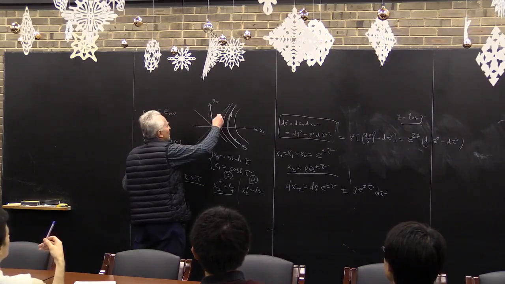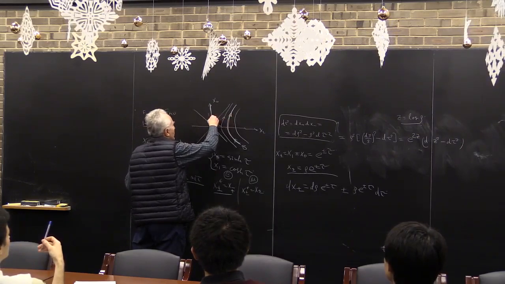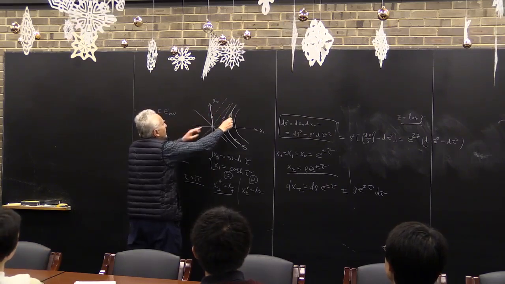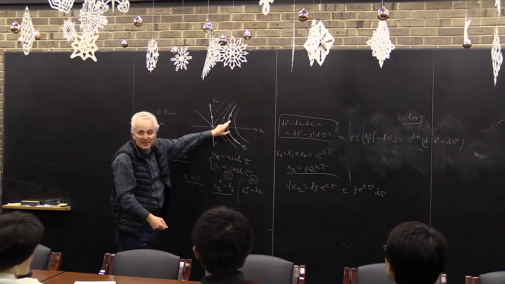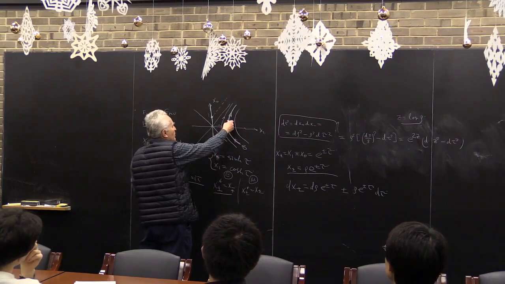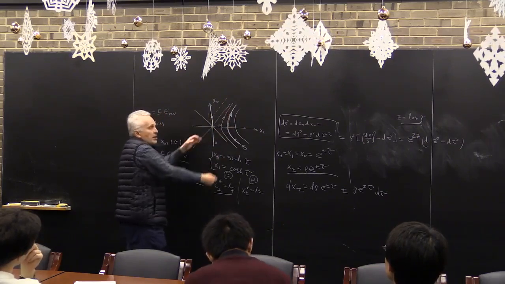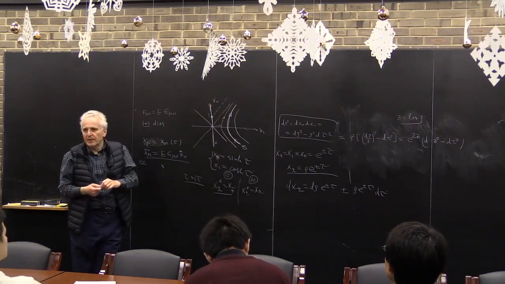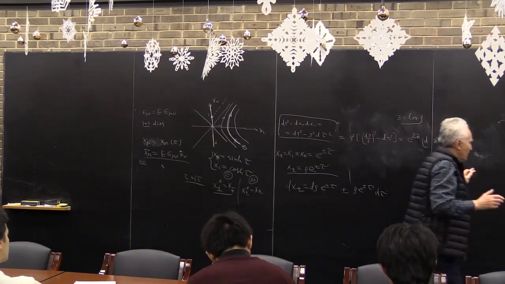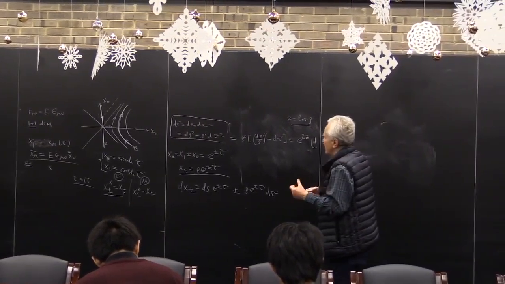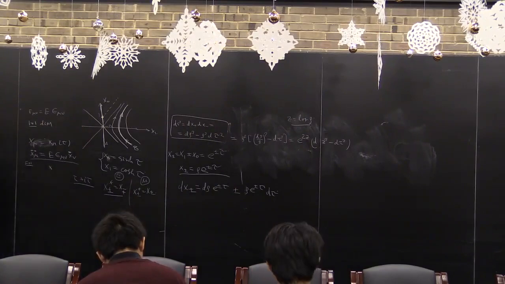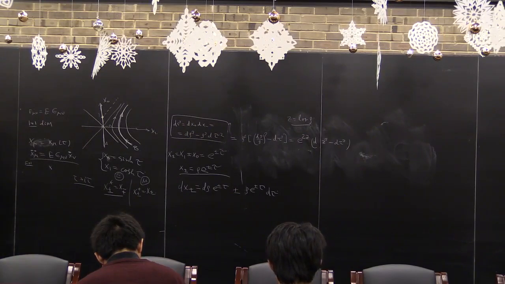Indeed, look, suppose this guy sends a light signal. It never reaches the observer B. While the signal from the observer B will eventually reach the observer A. But that's a very important feature of this thing, and as you will see, related to the properties of the Wilson loop.